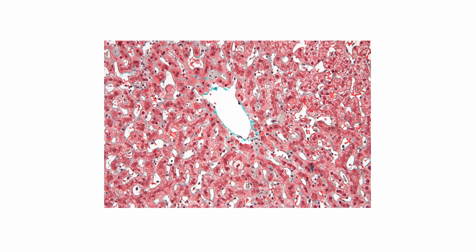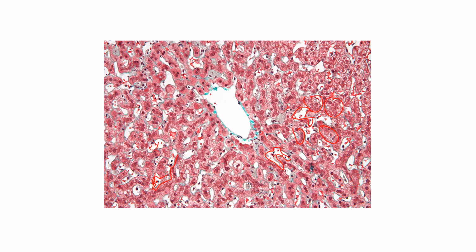These are hepatocytes. Between hepatocytes you have sinusoids, where the blood circulates. In congestion you have accumulation of too much blood in the sinusoids, so these sinusoids became dilated.